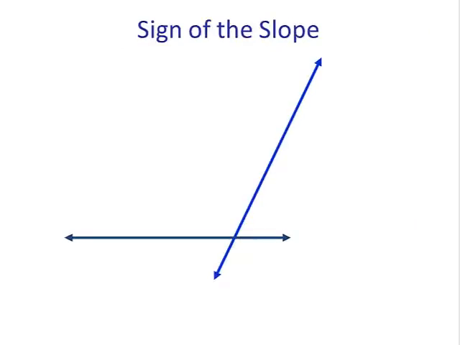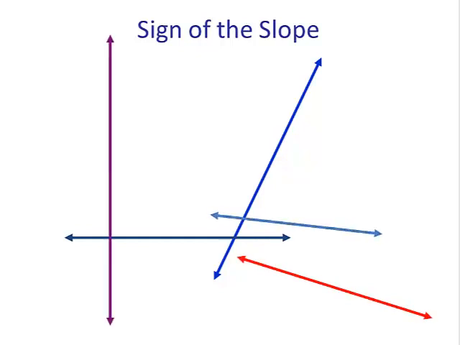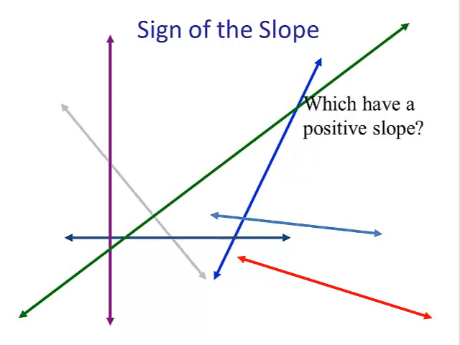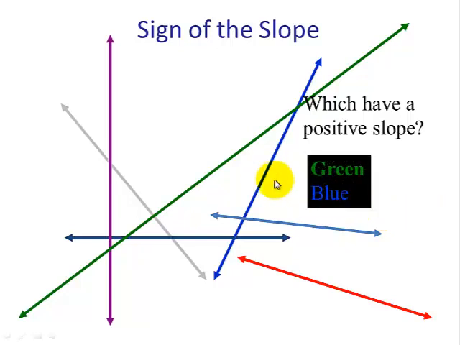Sign of the slope. Here we have a series of different lines. Which of the lines have a positive slope? Going by the color, the green one and the blue one have a positive slope.